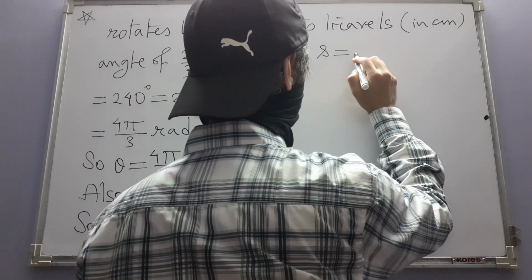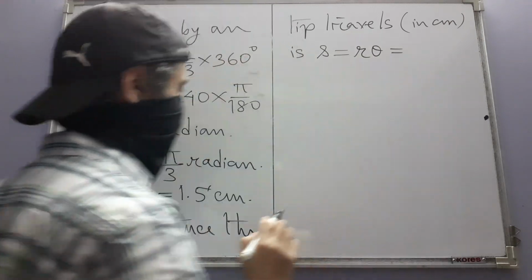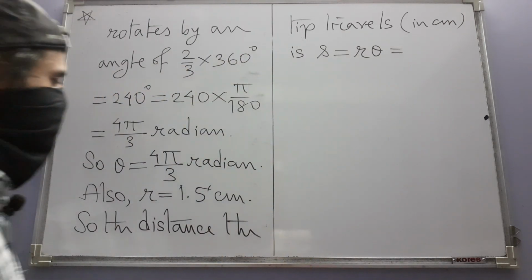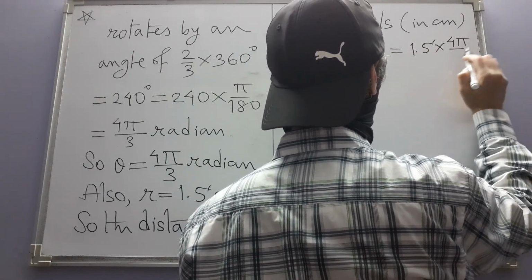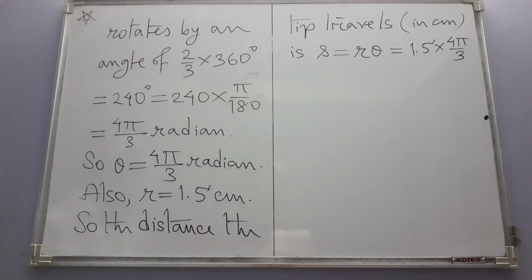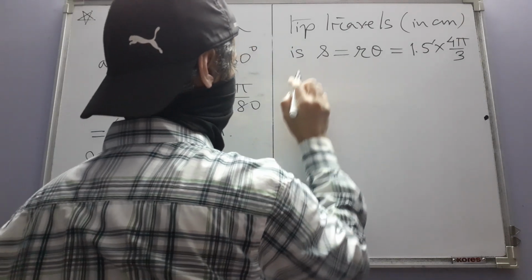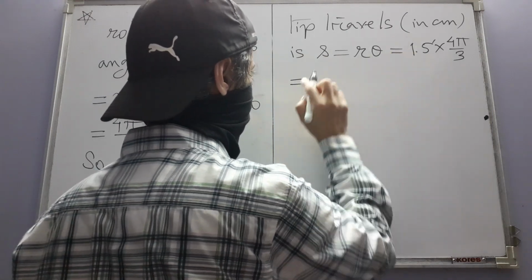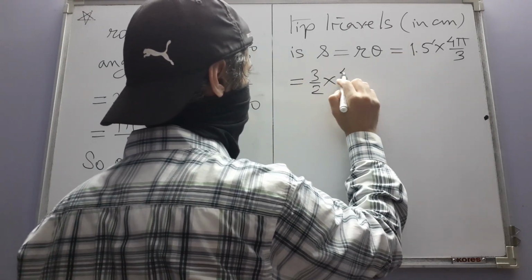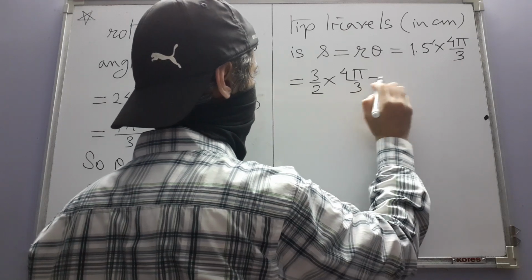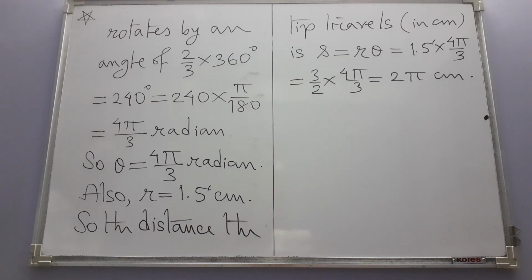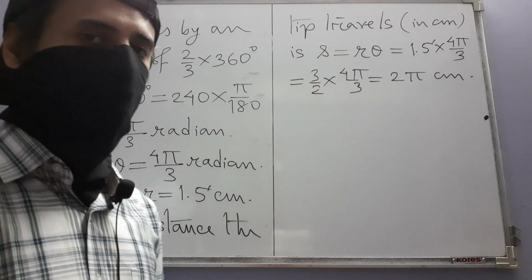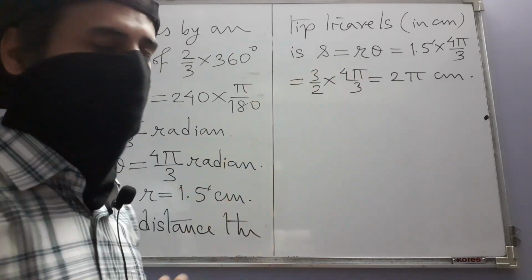That means s is equal to r theta. So 1.5 times 4 pi over 3 centimeter. In centimeter we have already written. So what will it be? 1.5 is also 3 over 2. That means 2 pi centimeter. So it moves by a distance 2 pi centimeter. Here also you can give some approximation for pi, or you can just keep it like this.